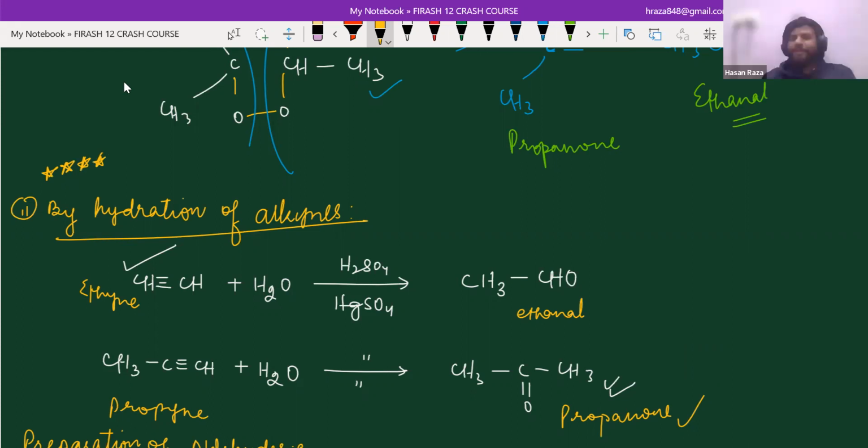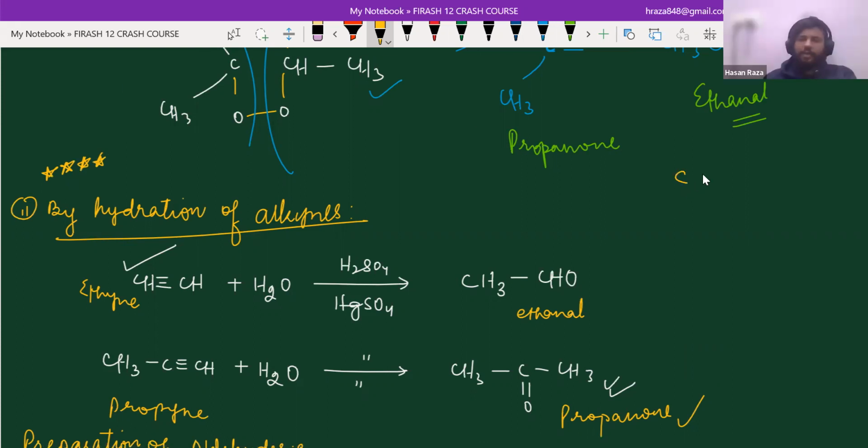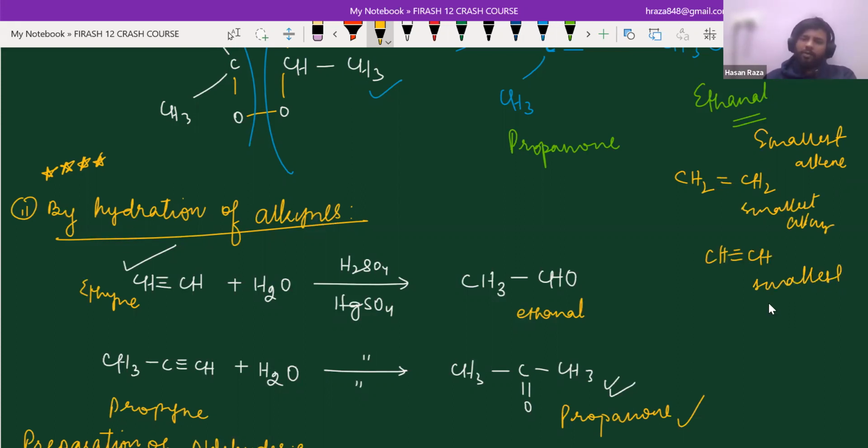We don't have methane. Oh yeah, sorry. The smallest alkene is ethene. If you are going to talk about the smallest alkyne, then it is CH triple bond CH. But the smallest alkane is methane, that is CH4.